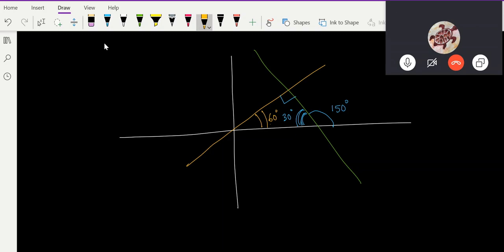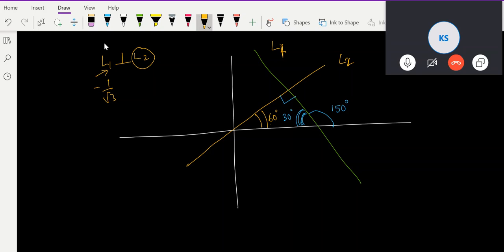So that means if you are told that there are two lines L1 and L2 which are perpendicular, and the slope of the line L1 is minus tan 30, which means minus 1 by root 3, what is the slope of L2? It would be positive root 3.